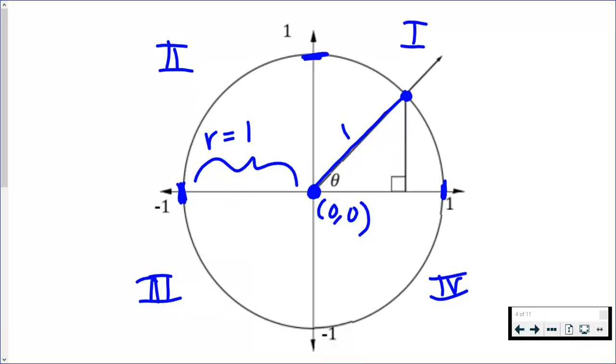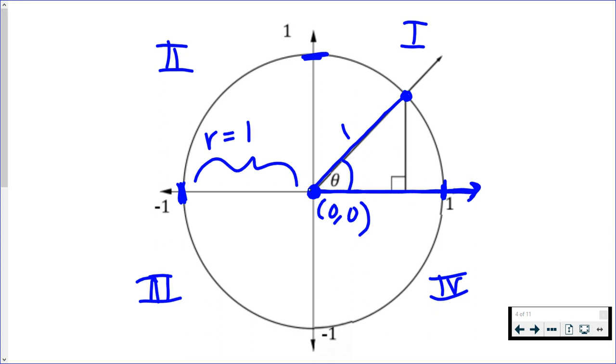Now, more about this triangle. We have our angle in here, theta. This angle was formed with this part of the x-axis. Remember, this is our x-axis. This is the positive side of our x-axis.